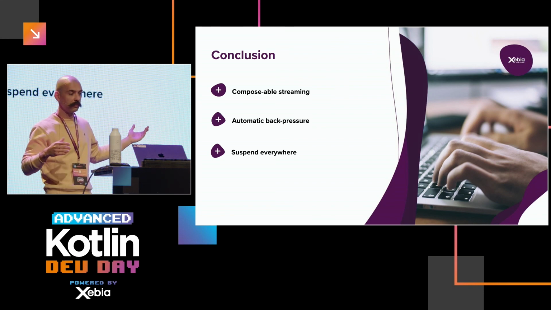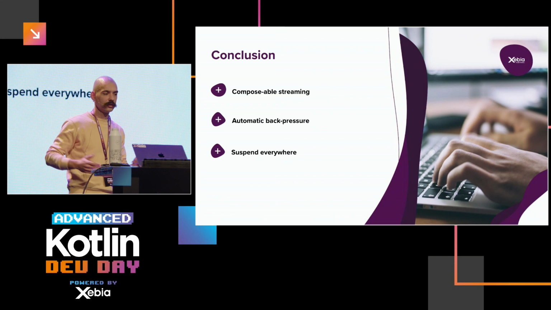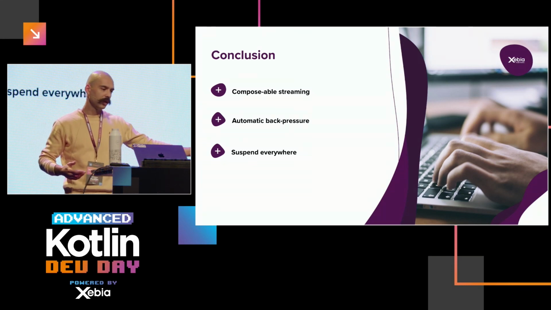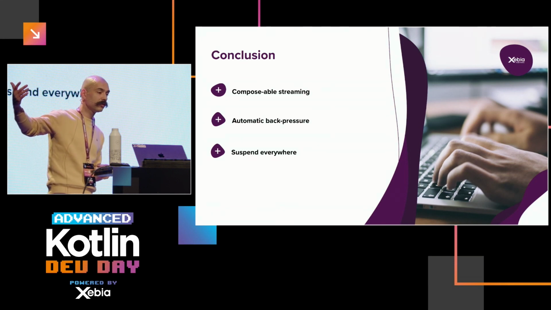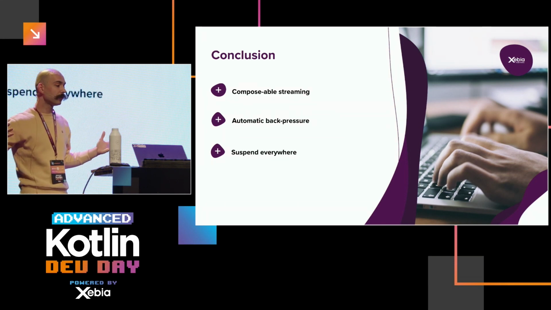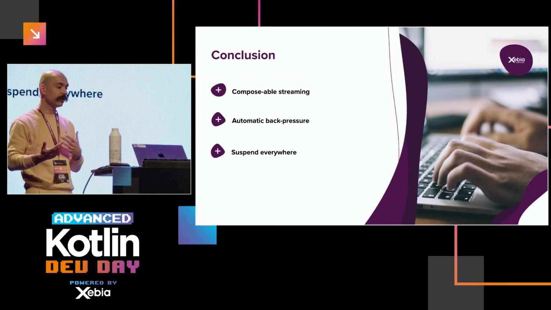And of course, my favorite, we have suspend everywhere, so we can run side effects. We can very easily read things from the file system in efficient ways. We can upload things to the cloud, and get all these powerful tools that we normally use in our day-to-day lives, also available in this very efficient streaming data type.